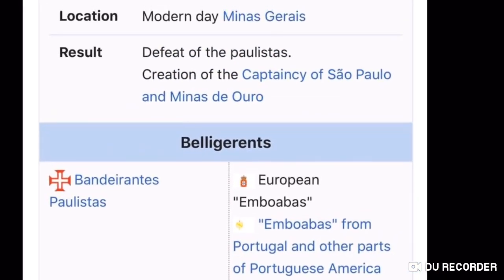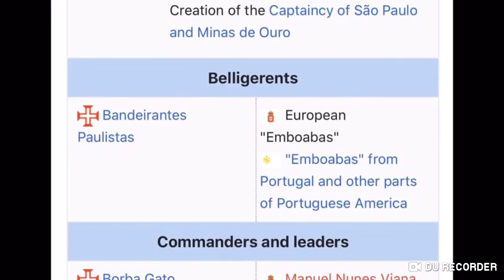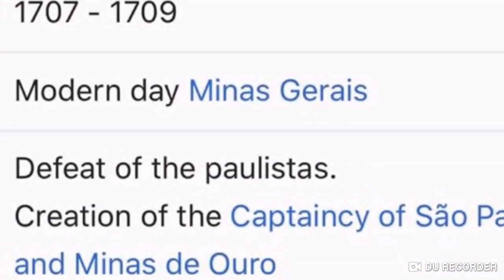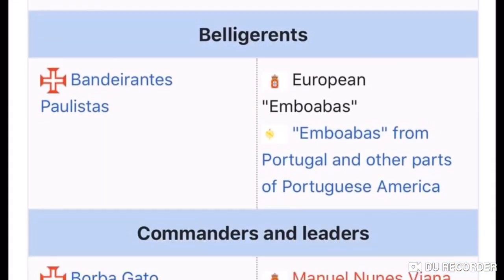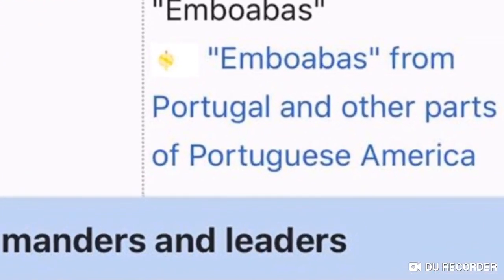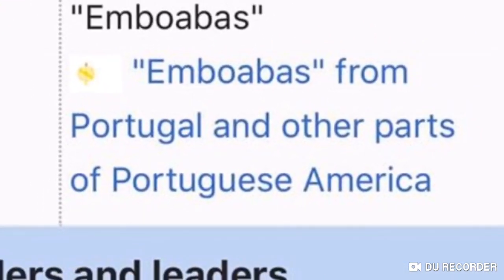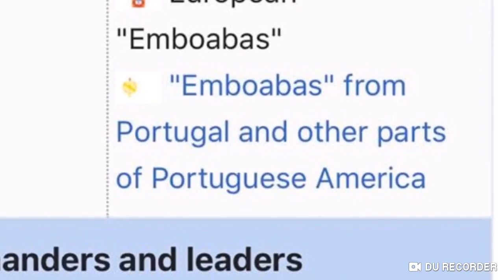That has been their job, the Bandeiras. So, as you can see, in modern day Minas, they are talking about the Bandeiras capturing blacks, right? But that story is supposed to happen on the other side, right?